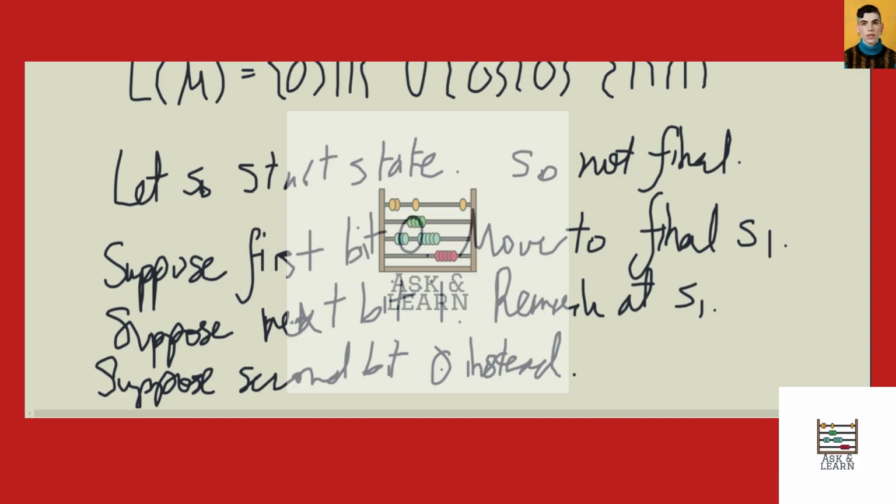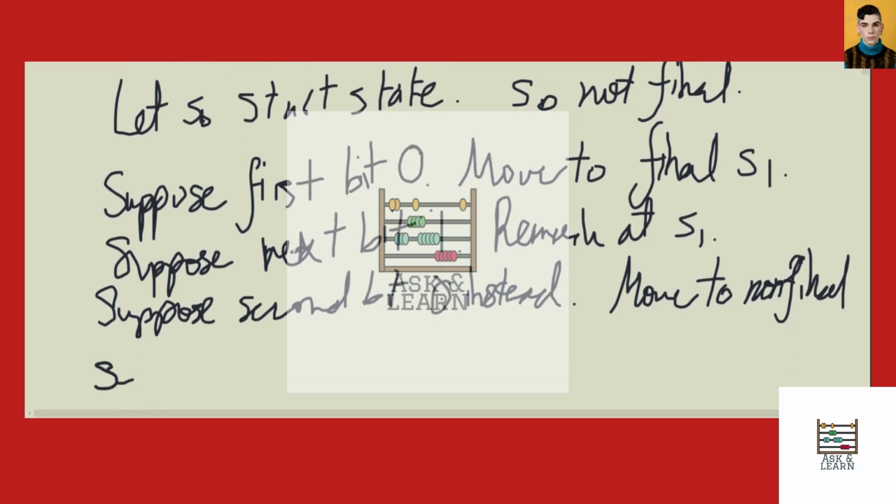So we should move to a non-final state, call it S2. And we don't want to move back to S0, because that would imply that 0, 0, 0 would be accepted, which it should not be. So we need a new non-final state, S2.